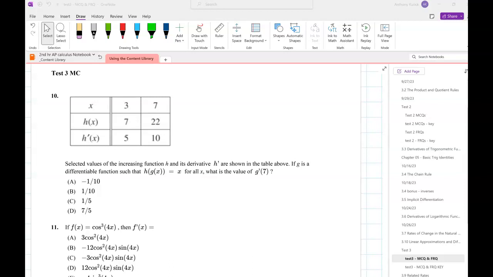It's more abstract than that because we don't know what the functions are for h and g, right? But symbolically, just with h's and g's and h primes and g primes, what is the derivative of h of g of x?